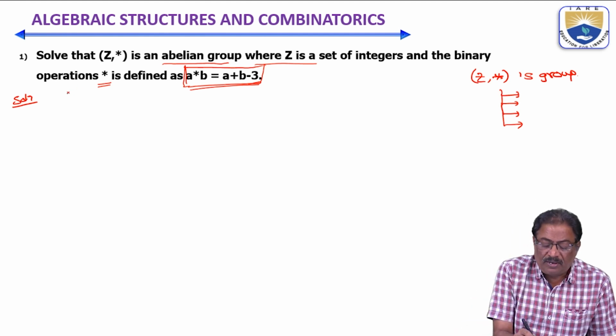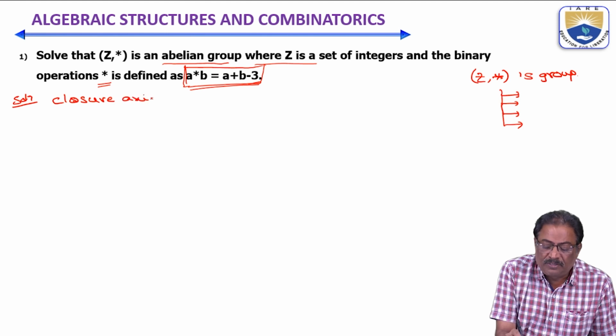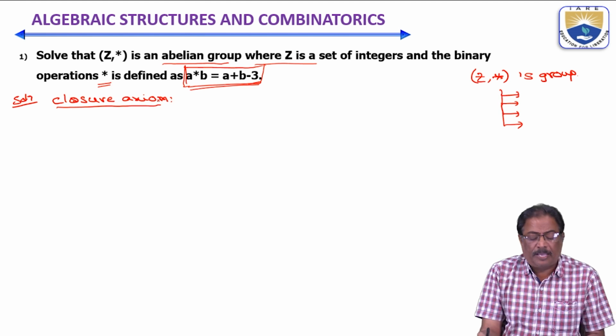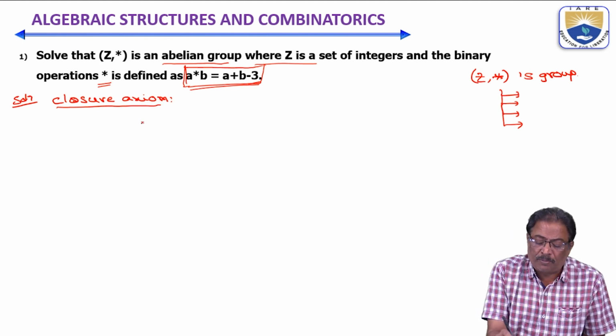So first, we are going to discuss the first property, that is nothing but the closure axiom. In the closure axiom, let us say A is an integer and B is an integer.